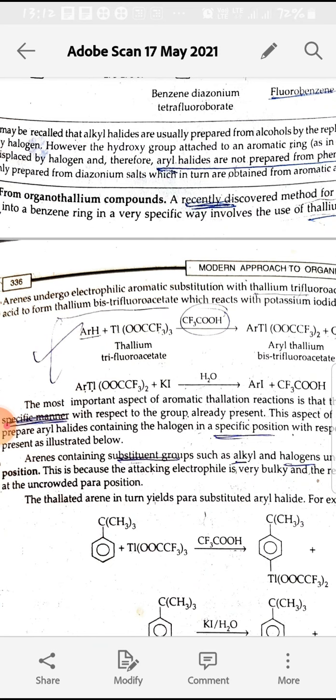Acetate group is CH3COOH, and trifluoro means all the hydrogen atoms are replaced by fluorine, then it becomes CF3COOH, that is trifluoroacetic acid. And if we use the acetate group, then the H is removed, so it becomes CF3COO negative. As thallium has 3 positive, so three CF3COO groups will be attached to the thallium.